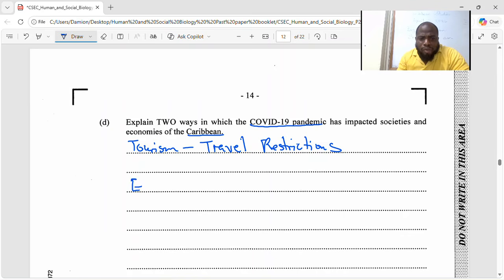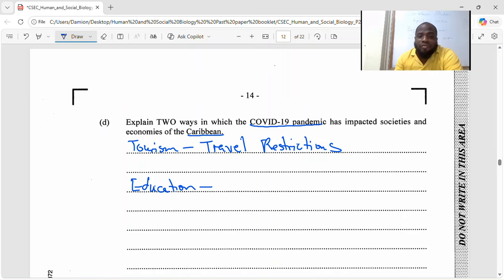One of the other impacts, education. And even currently, we hear that in Jamaica, we're thinking about going online due to the rising oil prices. So back then we had to resort to online learning, where again you had a challenge because of the rural areas where persons did not have a device or access to internet.